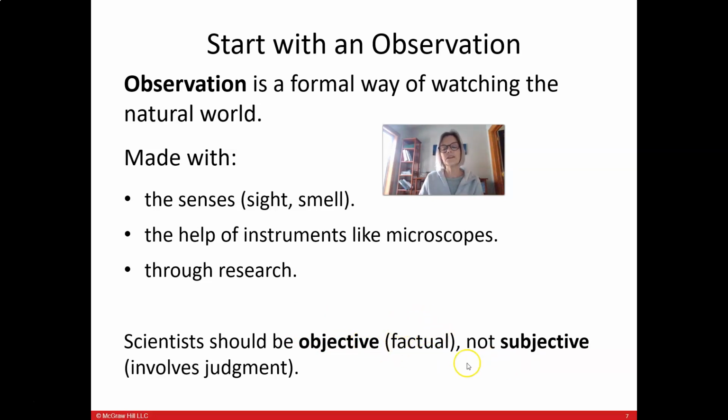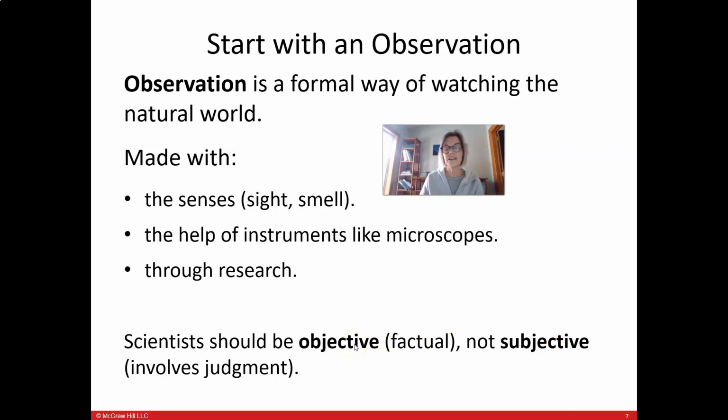As opposed to subjective: I can make an observation and think someone is very beautiful, but it's very hard for me to test that because beauty is subjective. Beauty is going to be somebody's opinion and judgment, and different people have different ideas of beauty. I can't really test if someone is beautiful with the scientific method.